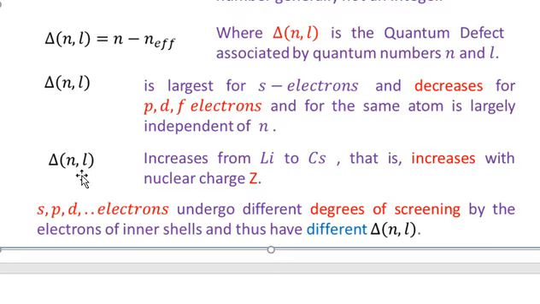So delta of n, L, that is the quantum defect, increases from lithium to cesium. That is, it increases with nuclear charge Z. If you move from the lithium atom to the cesium atom, the value of this quantum defect delta will increase, because the inner cloud of charge now contains a greater number of electrons.